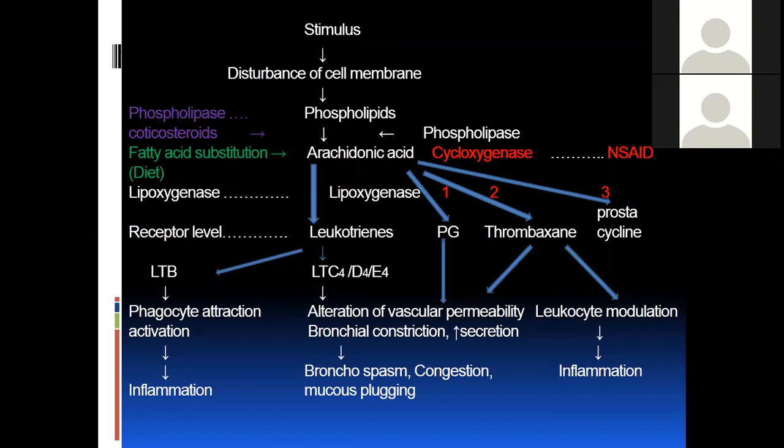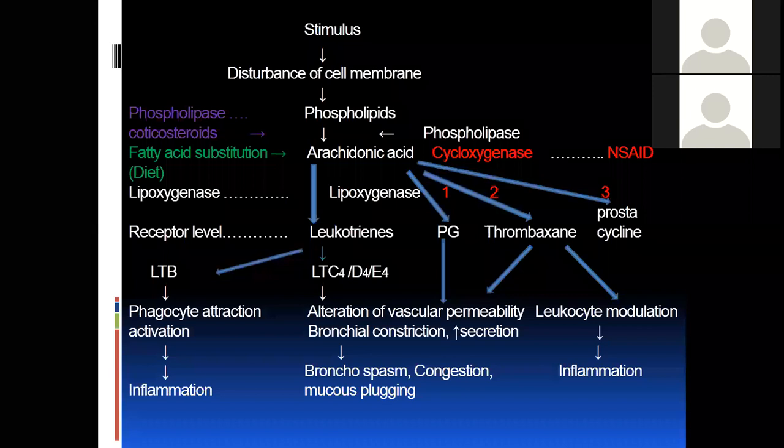While lipoxygenase inhibitors act so that leukotrienes will not be formed and the further process will not occur, while receptor level antagonists act on the leukotrienes and the further process will not occur. So there are various pathways where various drugs act to inhibit the inflammatory processes.